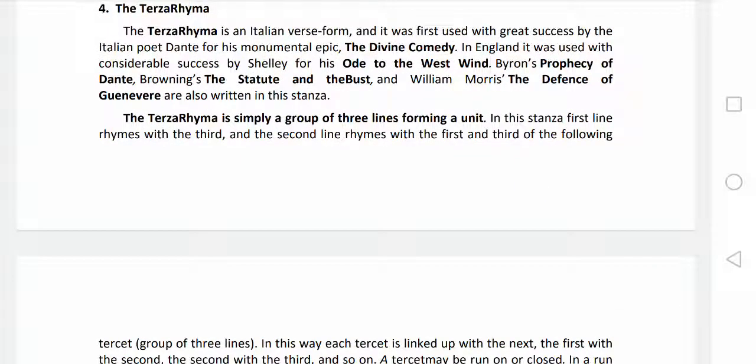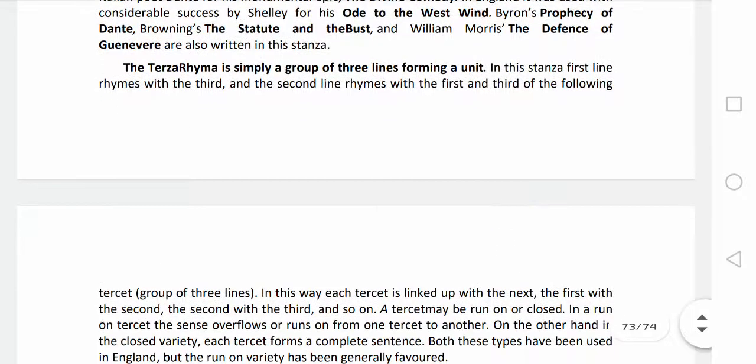In England it was used with considerable success by Shelley for Ode to the West Wind. Prophecy of Dante by Byron, Browning's The Statue and the Bust, and William Morris's The Defence of Guenevere are also written in this stanza.